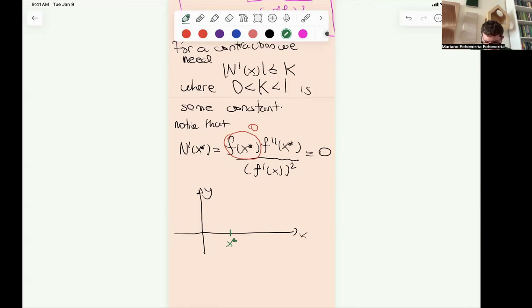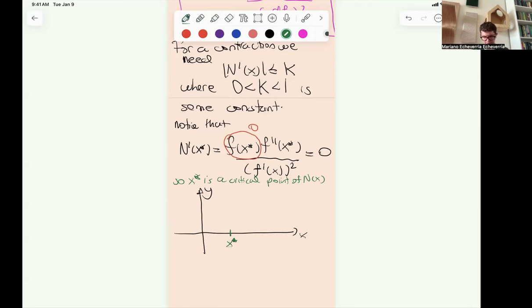That means that for n, x star is kind of like a critical point. So x star is a critical point of n of x.